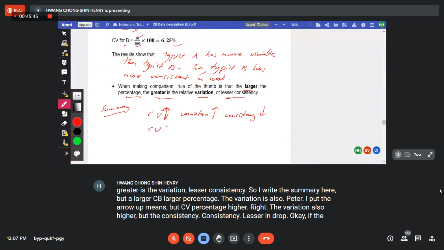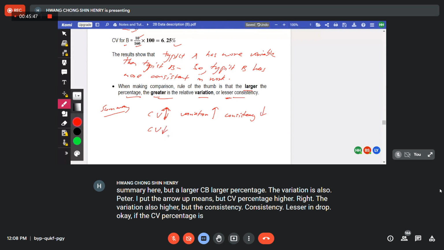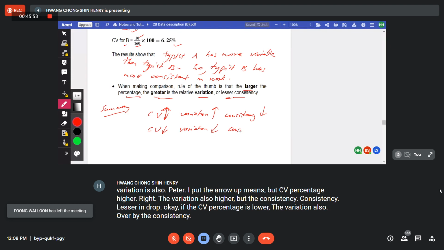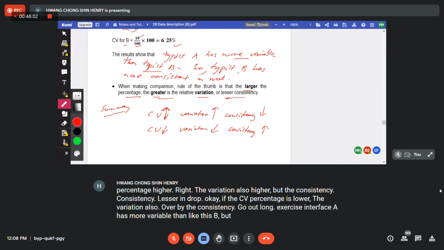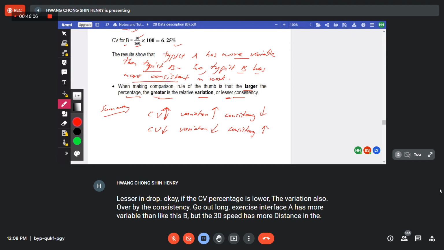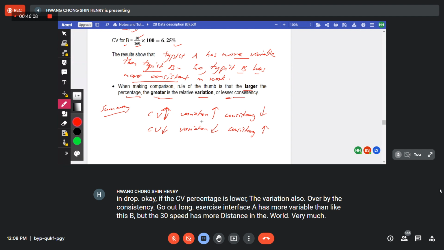If the CV percentage is lower, the variation is also lower, but the consistency goes up. That's why I say typist A is more variable than typist B, but typist B is more consistent in the work. Fair enough, logic.